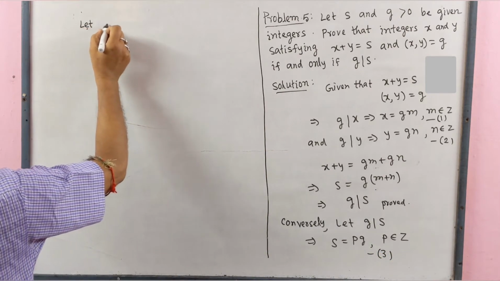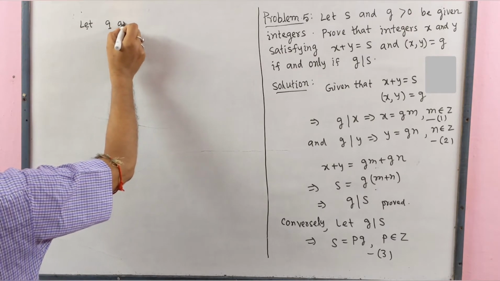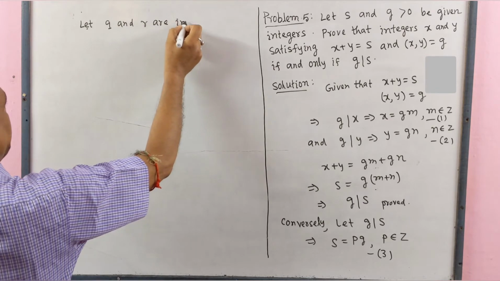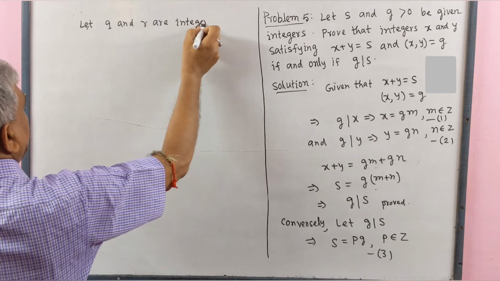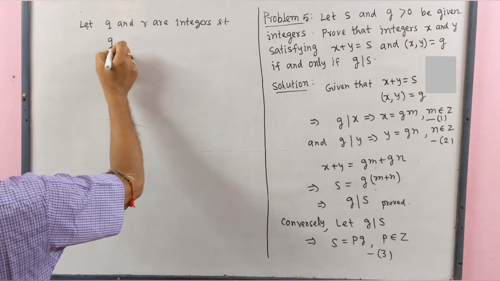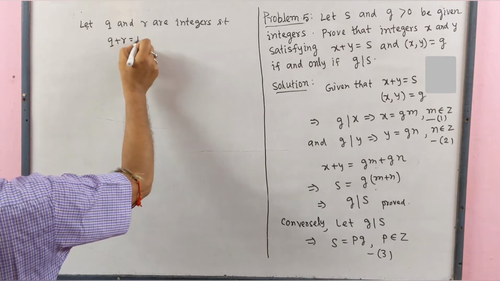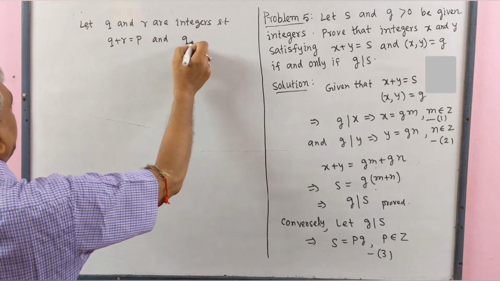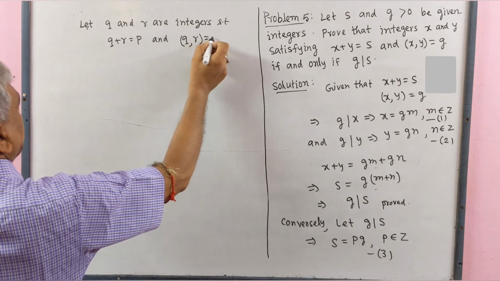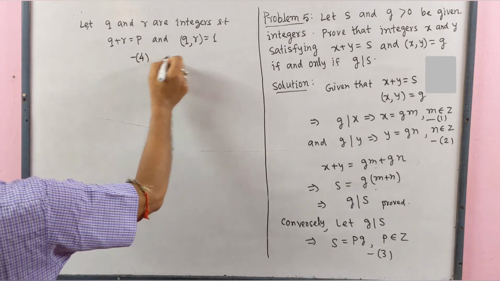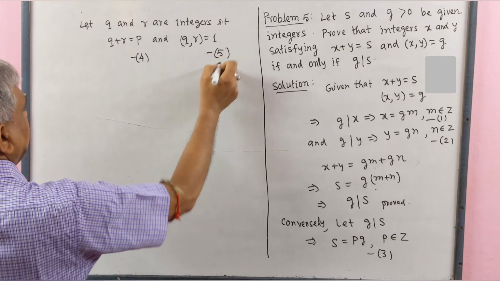Let q and r are integers such that q plus r equal to p and GCD of q and r equal to 1. Let this is number 4 and this is number 5.